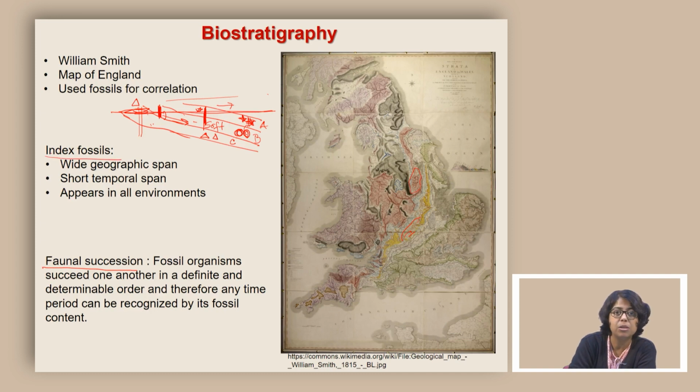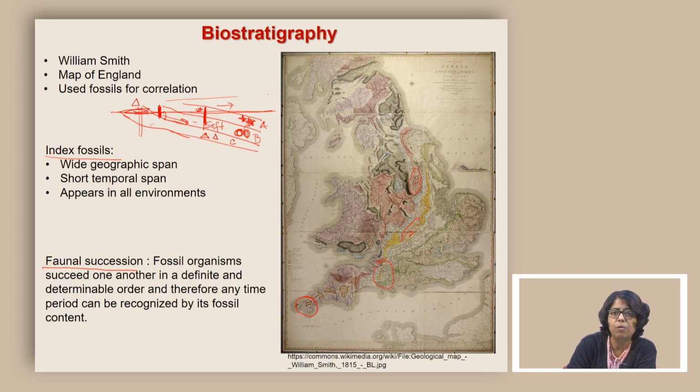Now, index fossils are fossils which should have a very wide geographic span. Why is that important? Let us imagine that some fossils are only found in this part of the world. If that is the case, then they cannot be correlated with parts which are here.